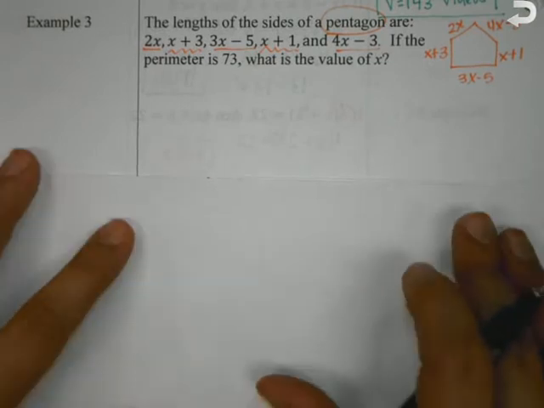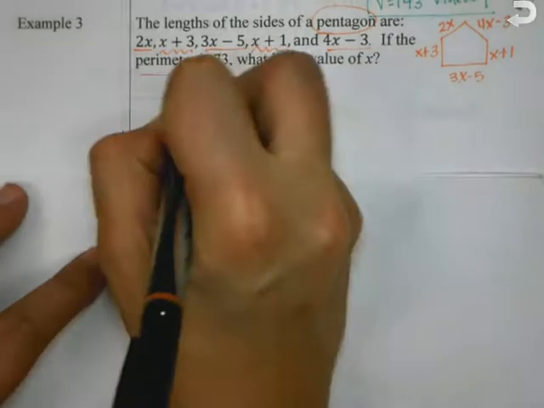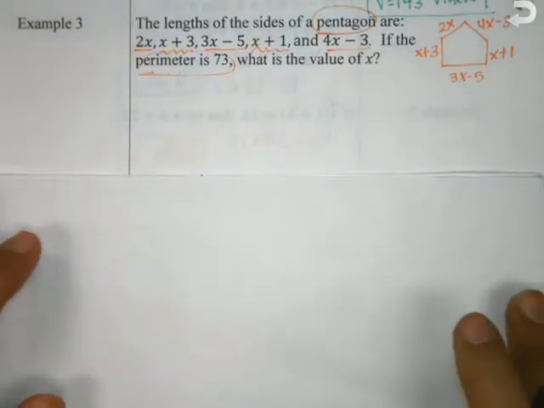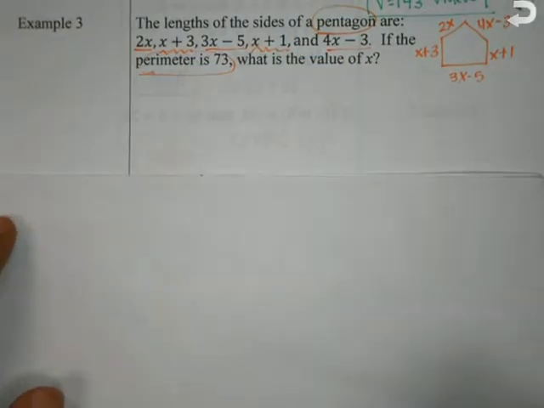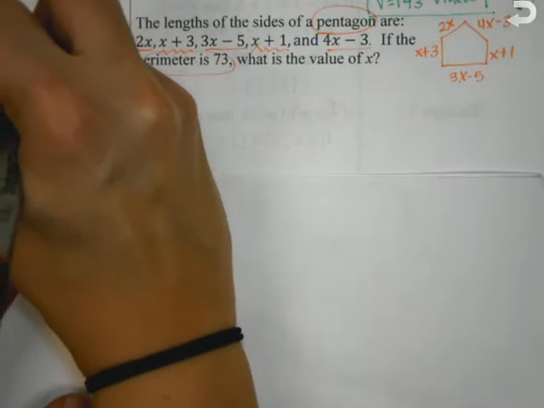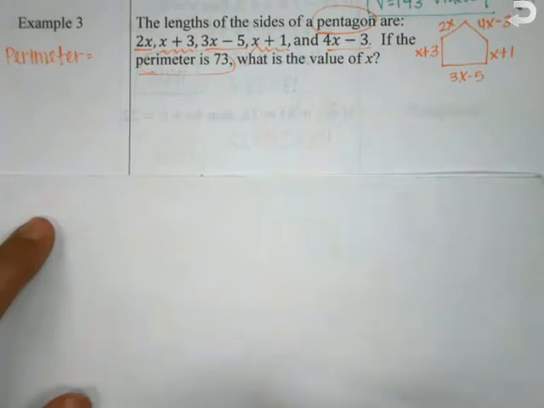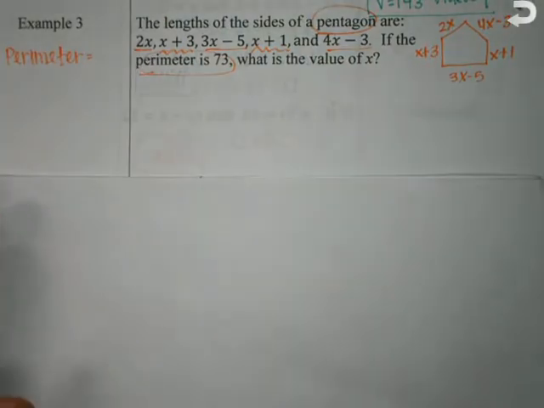Okay, if the perimeter is 73, what's the definition of perimeter? Perimeter means what? Who's in 23?